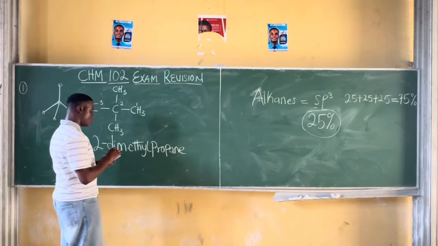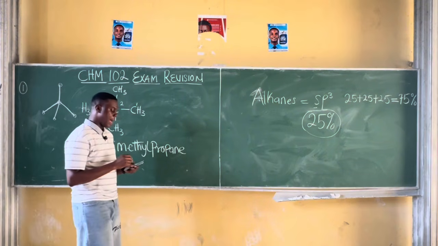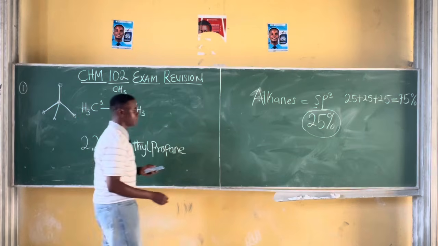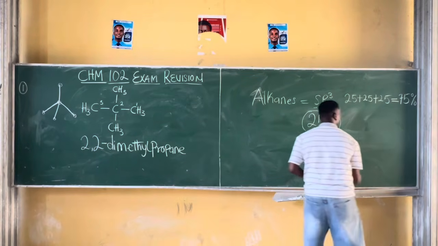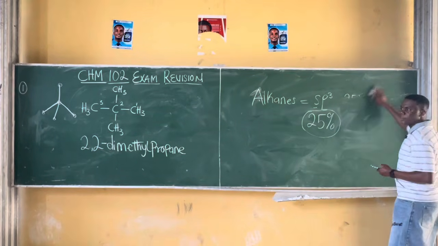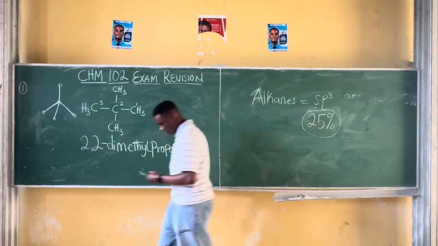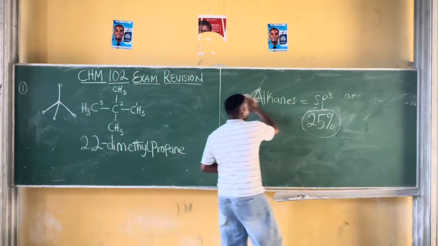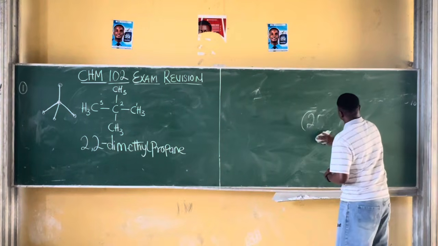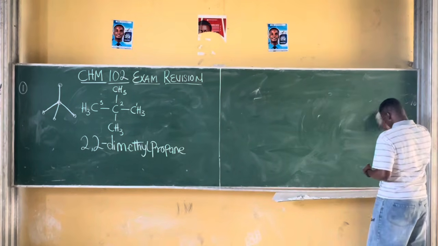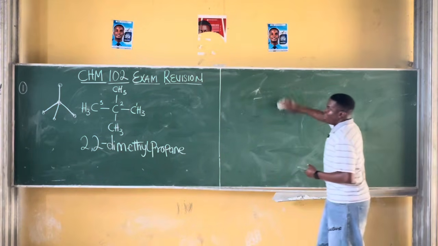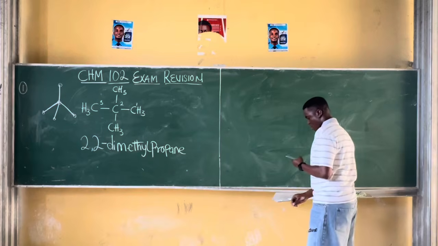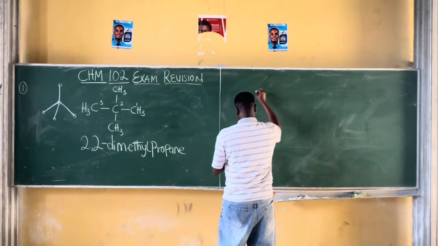So this compound is 2,2-dimethylpropane. So that is the answer to this one. All right. So the next compound is this one.